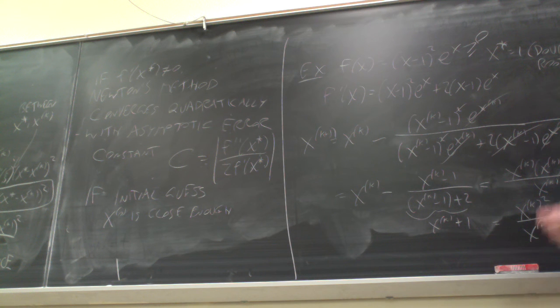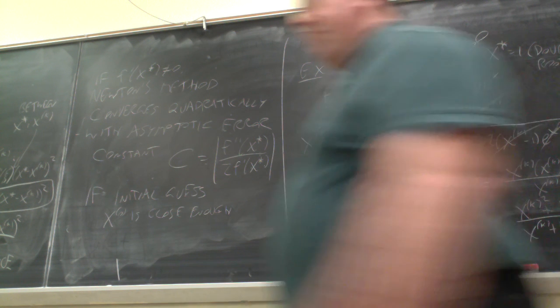But those are pretty simple functions that have that behavior. So if you have something rougher, then you need a good initial guess. But in a lot of applications where Newton's method is used, like differential equations, you do have a good initial guess. And we'll see this toward the end of the semester when we solve differential equations using these kinds of root finding methods.